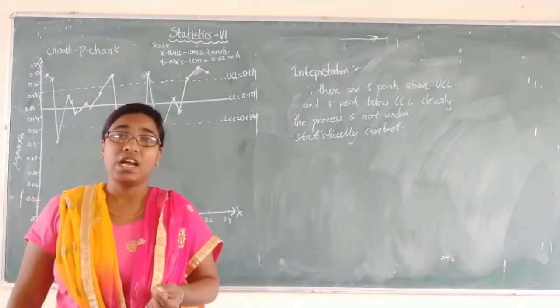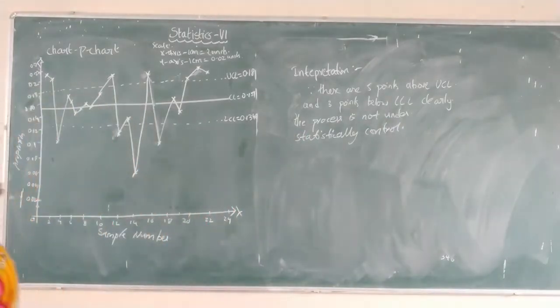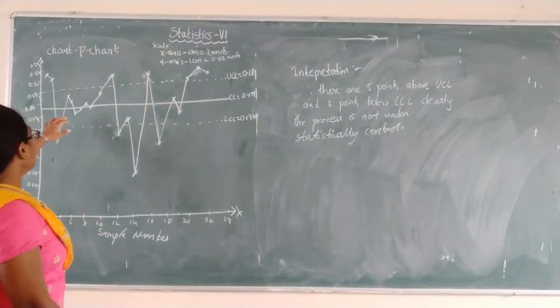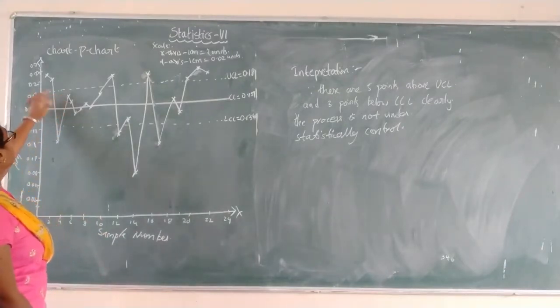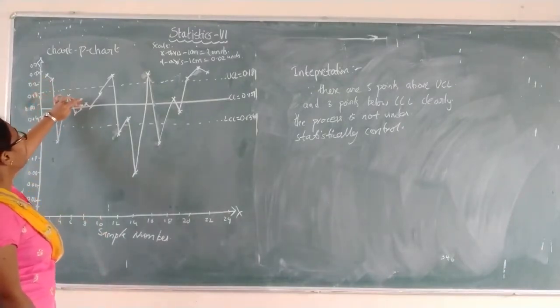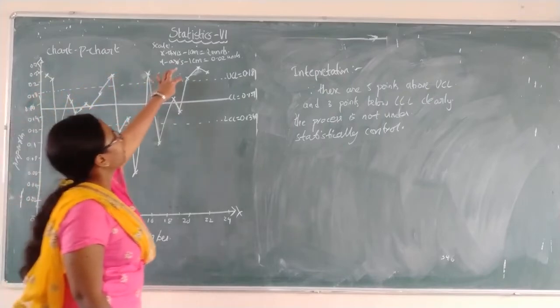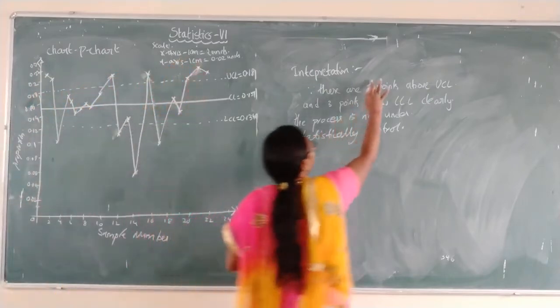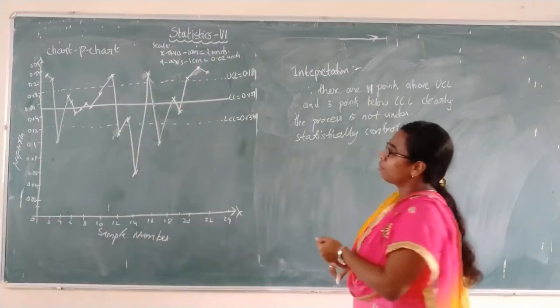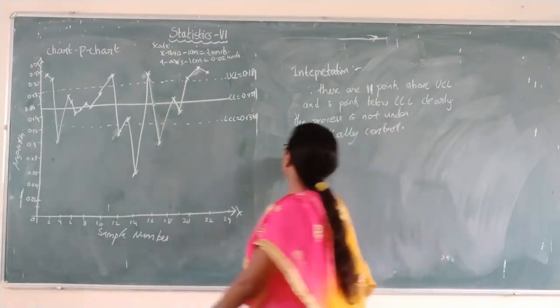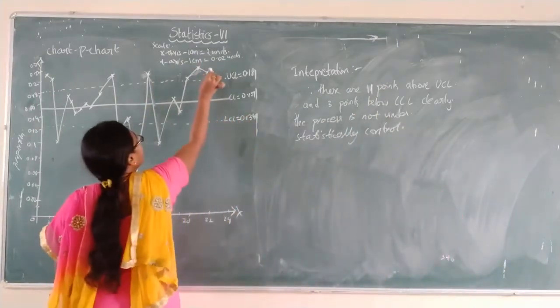Now we will check how many high spots and how many low spots we have. High spots: 1, 2, 3, 4, 5, 6, 7, 8, 9, 10, 11. Sorry, they are not 5, there are 11 points above UCL.